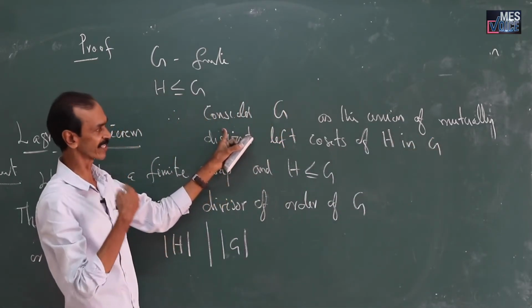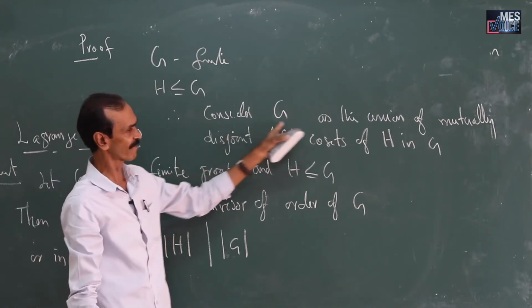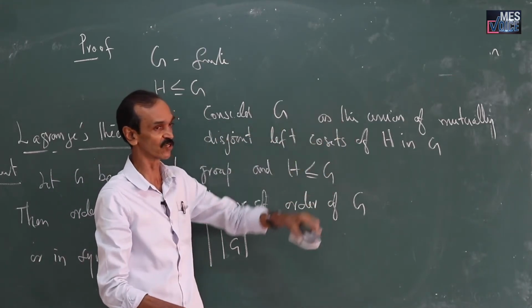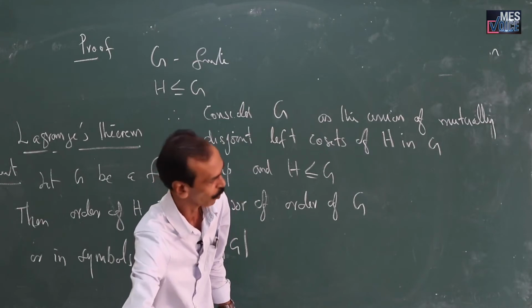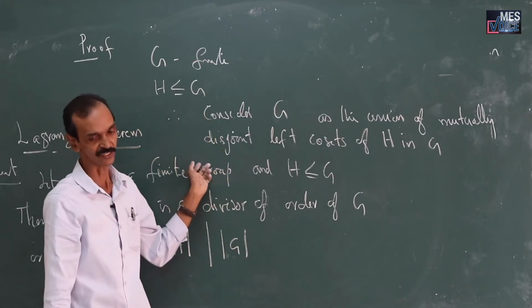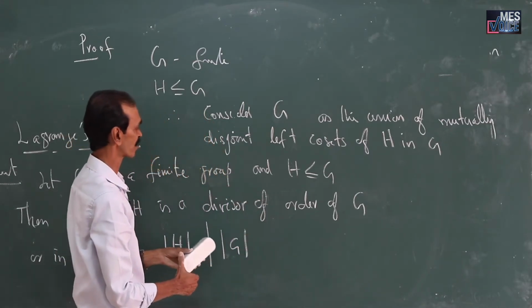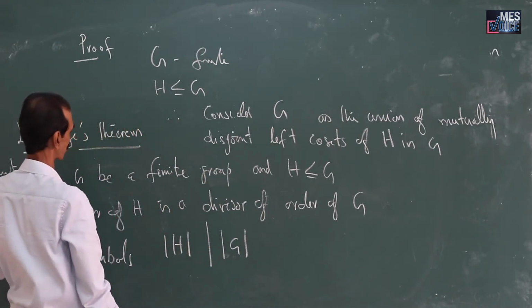Because we have already established that these left cosets form a partition of G, and that comes from the property of the equivalence relation, or by using the fundamental theorem of equivalence relations.